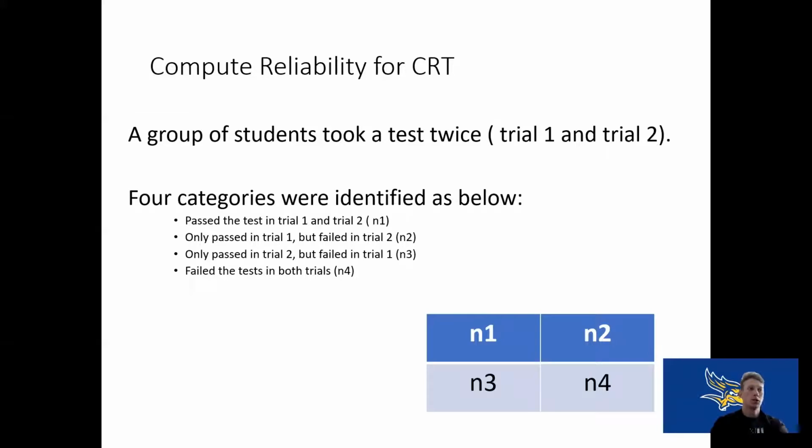Only passing in trial 2 but failing in trial 1 is considered N3, and failing in both trials is considered N4. We create a small matrix for this, looking at pass and fail across the two trials.